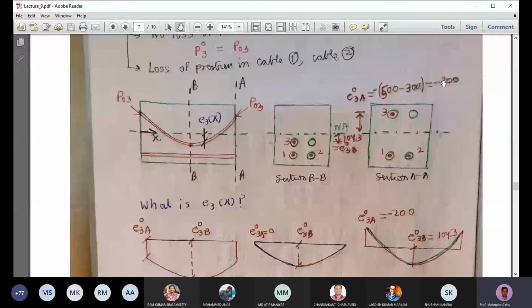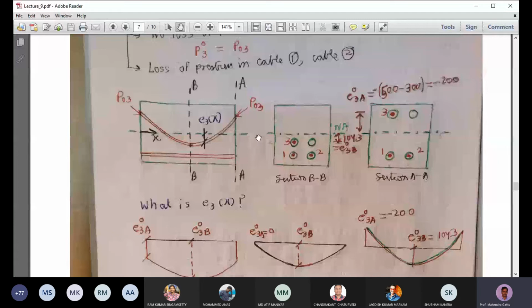So eccentricity is minus 200. I think I made a small error here. Is it an error? I think it's okay. The ys3 prime is 500, and the height h by neutral axis location is 300. So 500 minus 300, it's 200. So it is minus 200. The eccentricity is negative here, as the cable is lying above the neutral axis.